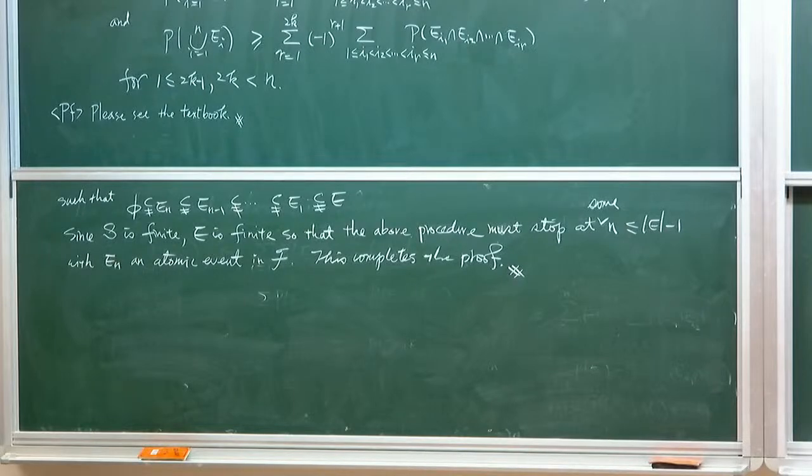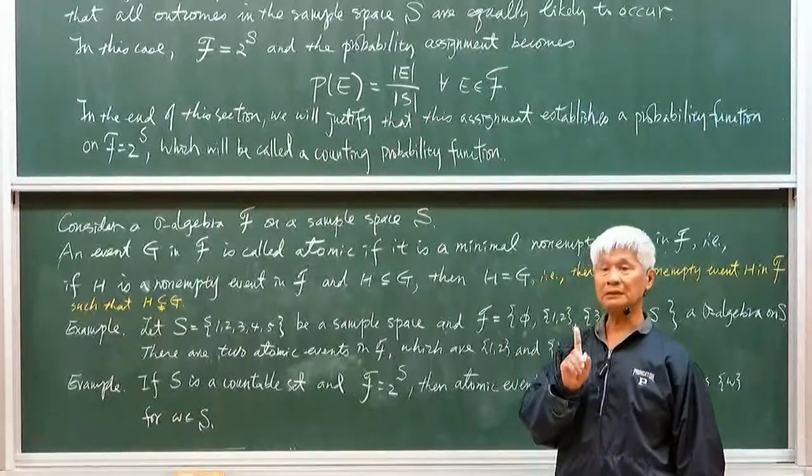So if we select the sigma algebra to be the power set of X, we know the atomic events are all singletons. So in that case, every non-empty event in F contains an atomic event.